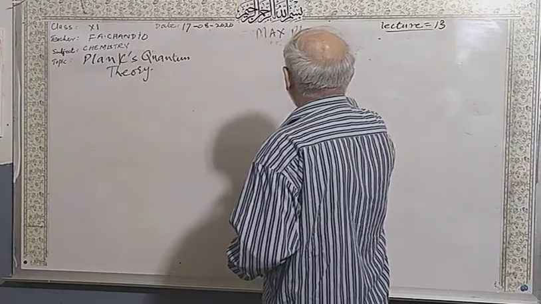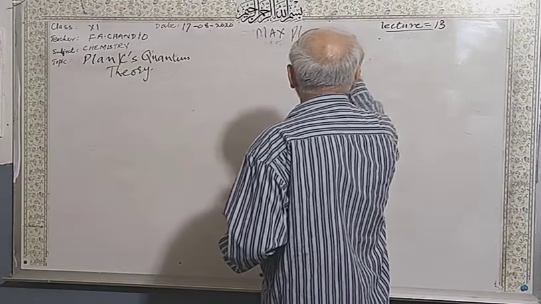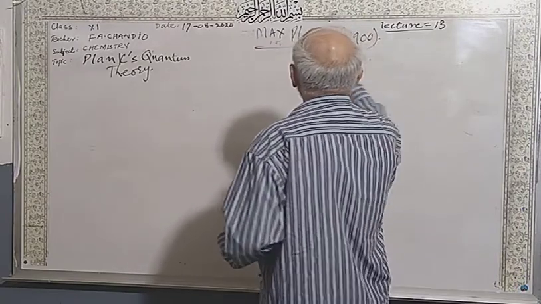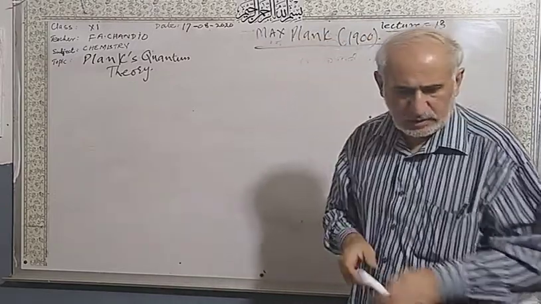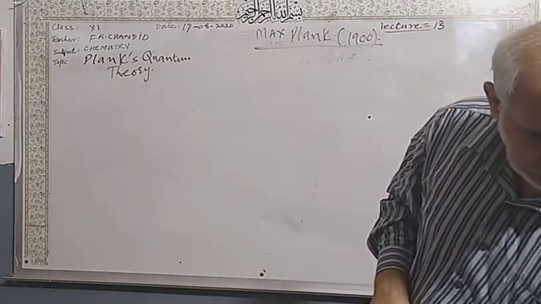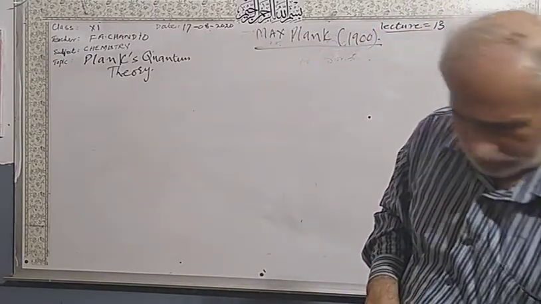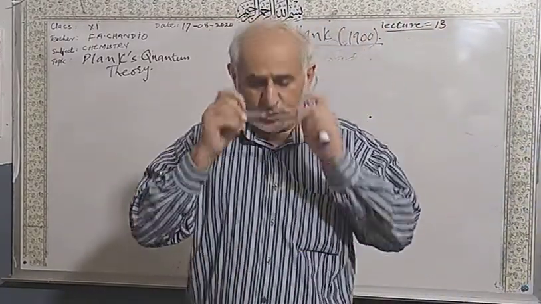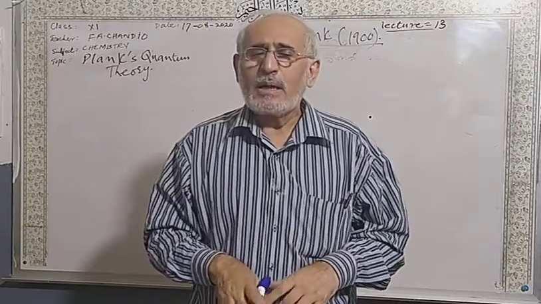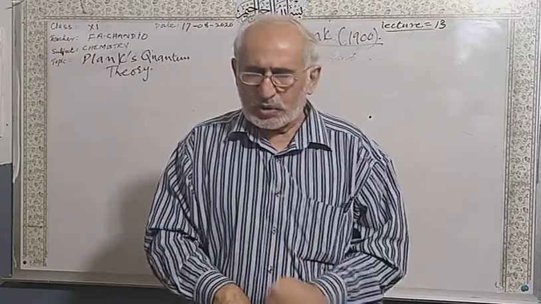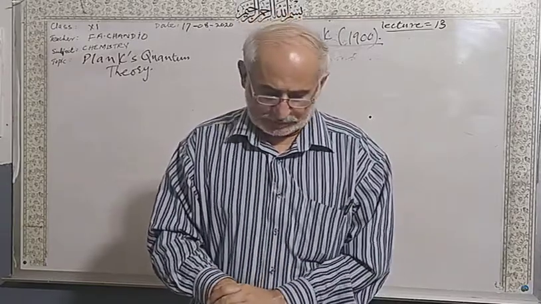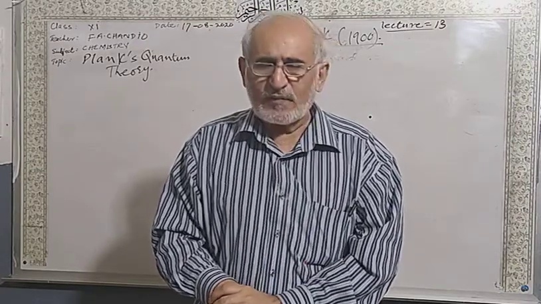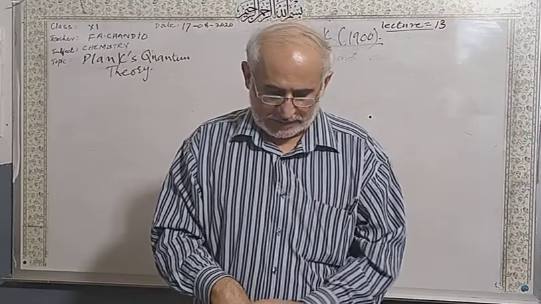Max Planck, exactly in 1900, presented a theory that's called Planck's quantum theory of radiation. This is about the nature of light.